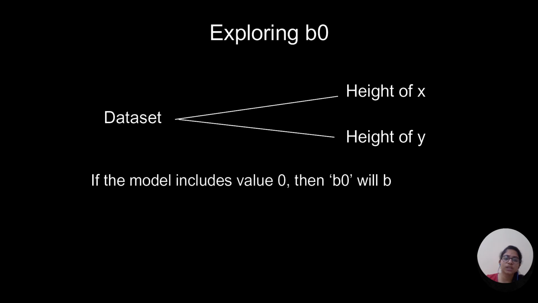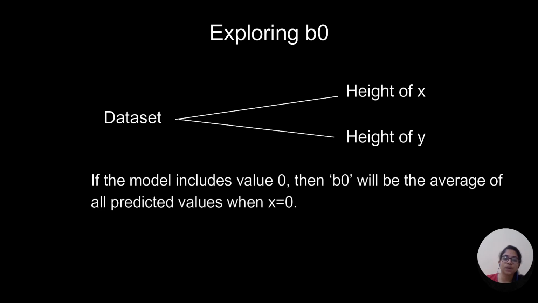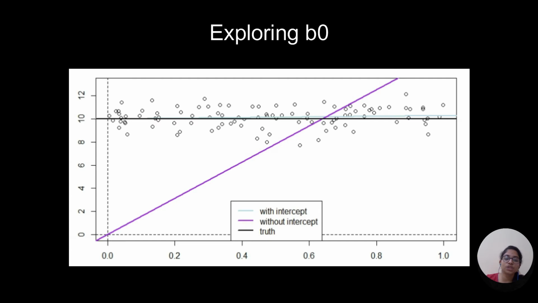If the model includes the value 0, then b0 will be the average of all predicted values when x is equal to 0, but setting 0 for all predictor variables is often impossible. And if there is no b0 term, then the regression will be forced to pass through the origin, and both the coefficient and the prediction will be biased.